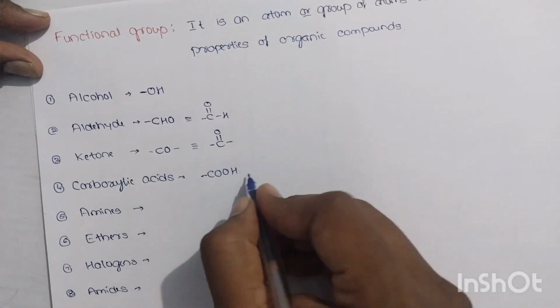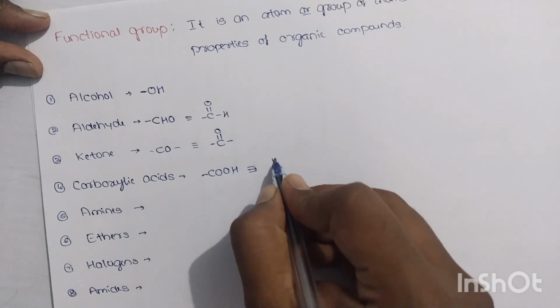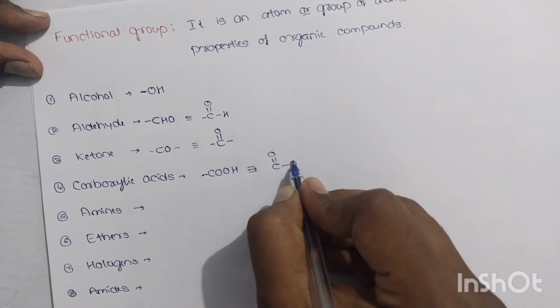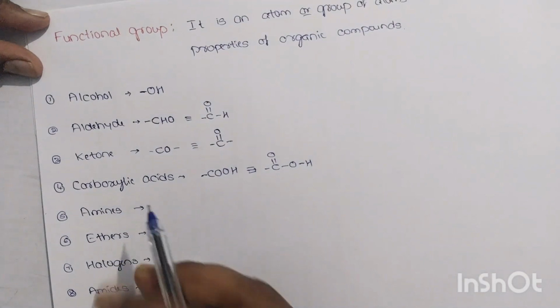COOH is the functional group of carboxylic acid. C double bond O, OH is the functional group of carboxylic acids.